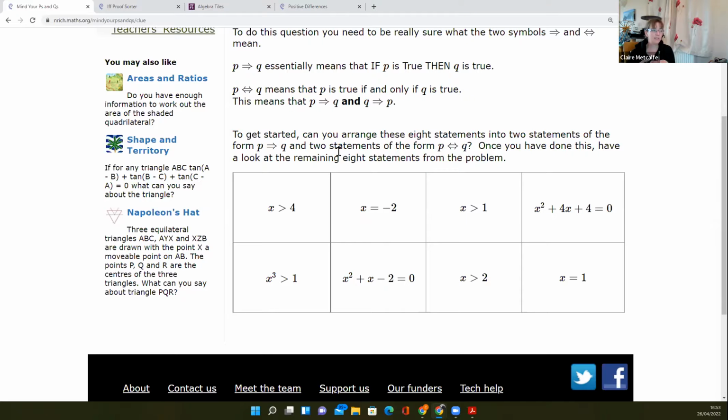So these 8 statements can be rearranged to get 2 statements which are if and only ifs, and 2 statements which only work in one direction. And there's no restriction here. X could be negative, X has to be real, but it could be a non-integer, it could be negative. So that's something which you could use as a follow-up if you want.